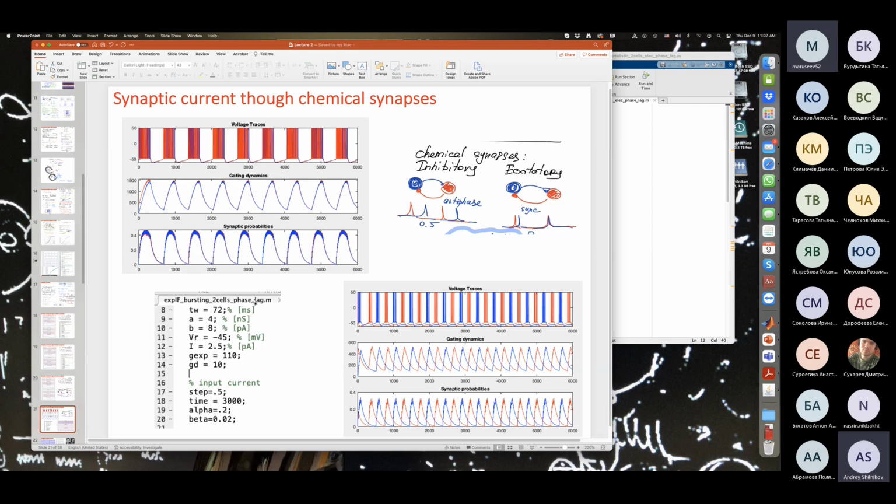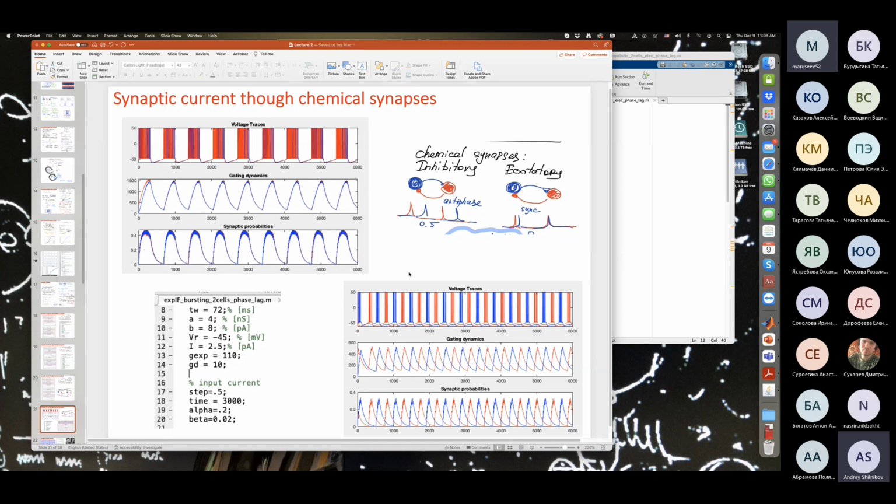I mentioned before that, in general, integrating fire neurons are not meant to produce this kind of bursting activity, but there are tricks you can use to make sure that these pulses of current keep going. This is a gating variable. If a certain variable goes up, then it generates exponentials, and if that gating dynamics decays, then the integrating fire cell becomes a quiescent cell. It just mimics the bursting behavior.